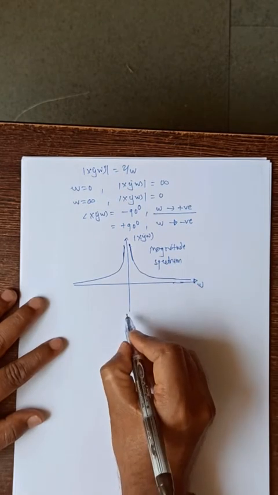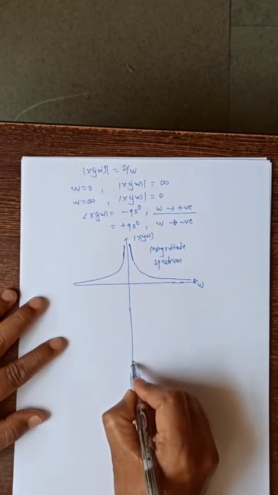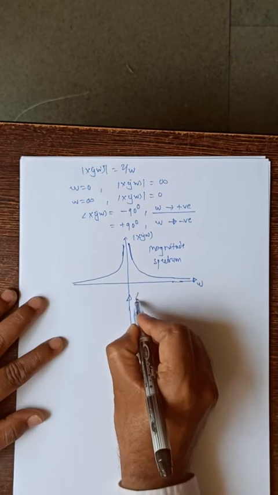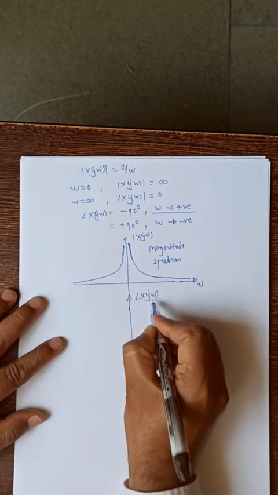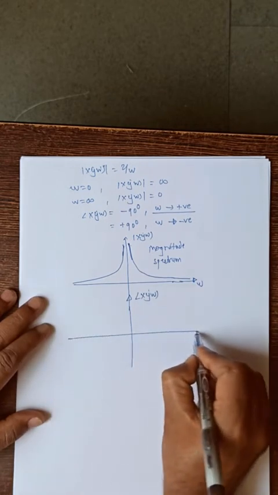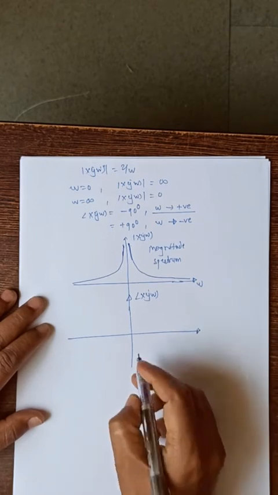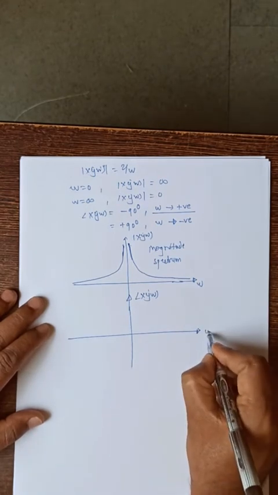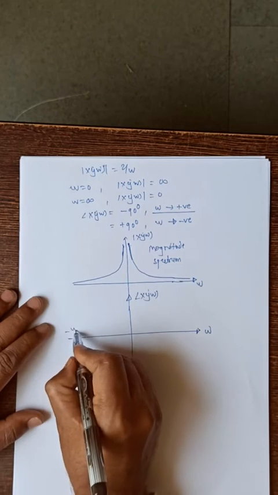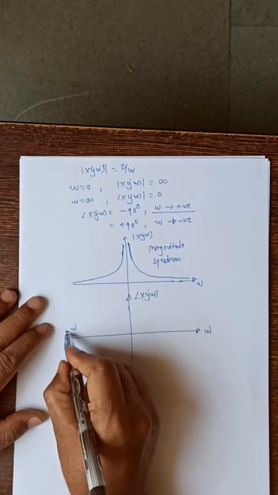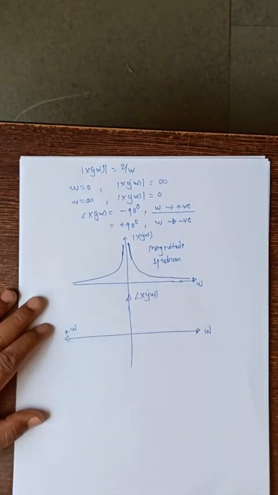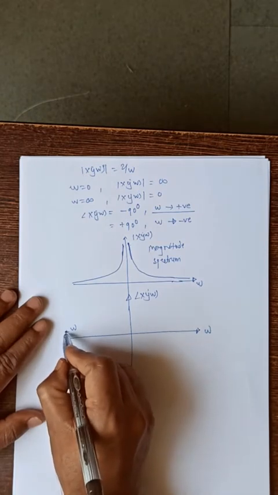Phase spectrum, same thing. So this is the angle of X in the same manner. Just see here, these are positive values of omega, these are the negative values of omega, minus omega to this side.